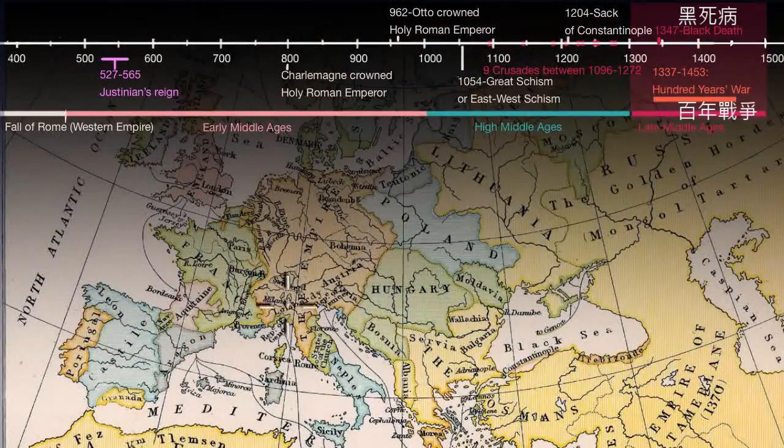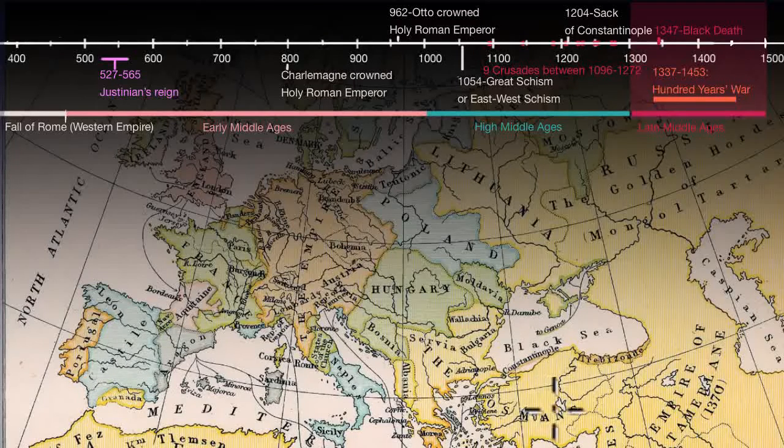So you can see here in this map, by the late Middle Ages, Europe is starting to resemble the Europe that we know in later periods, once we get into the Renaissance and the Age of Exploration. By this point, much of the Iberian Peninsula has been reclaimed from Muslim rule, although you still have Muslim rule in Granada.